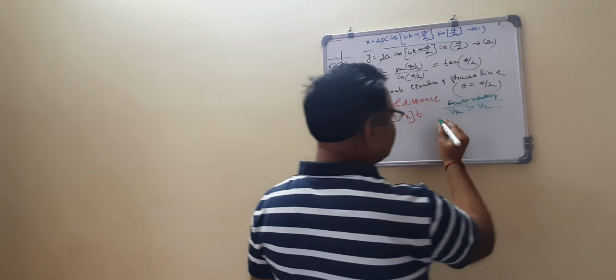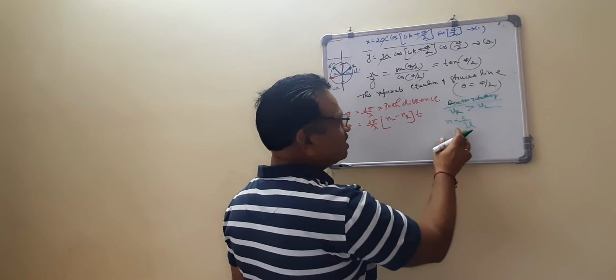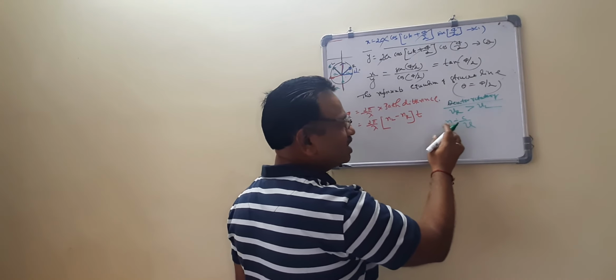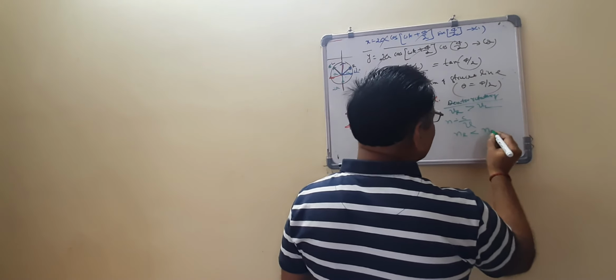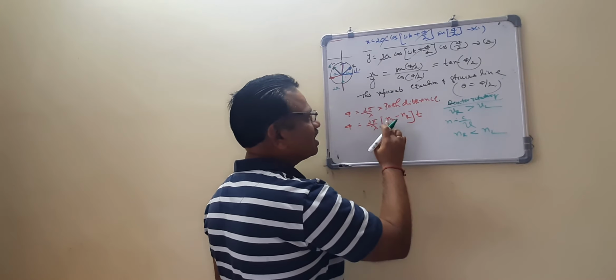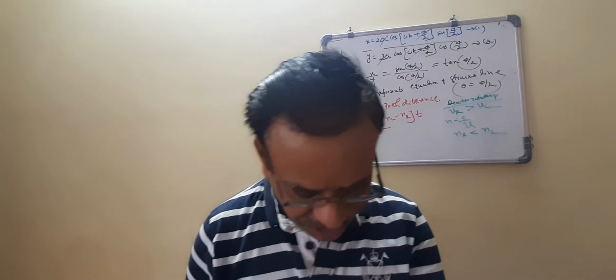I know the relation between n and v: n equal to c by v. If v is more, n is less. So NR is certainly less than NL, and NL is greater here. That's why I have taken NL minus NR into t.